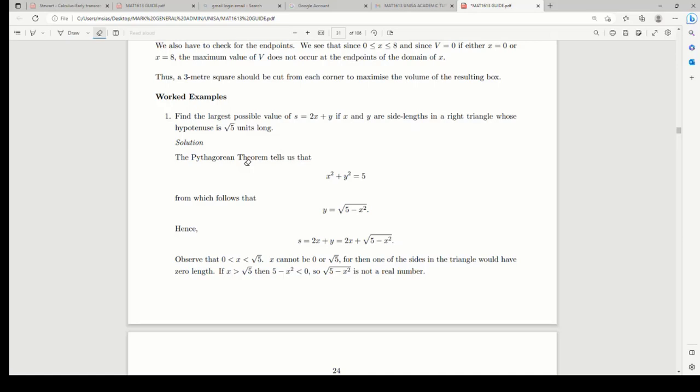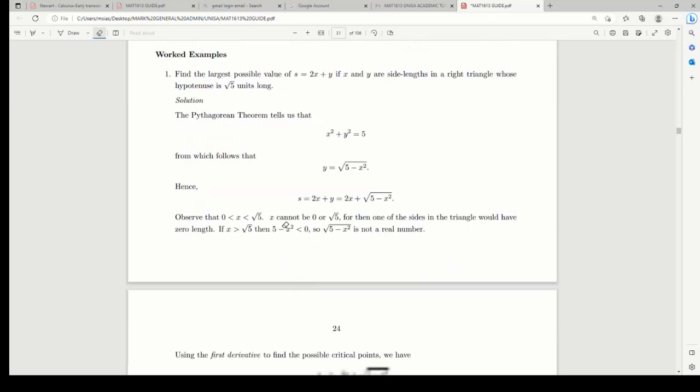Because here they say find the largest possible value of s equal to 2x plus y if x and y are side lengths in a right triangle of which the hypotenuse is square root of 5 units long, okay? So they want the largest possible value of that.